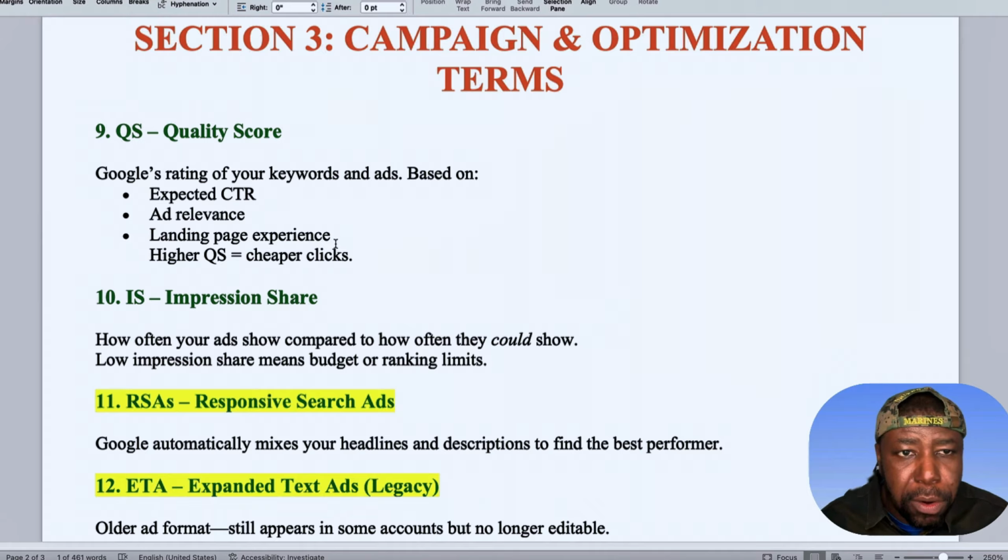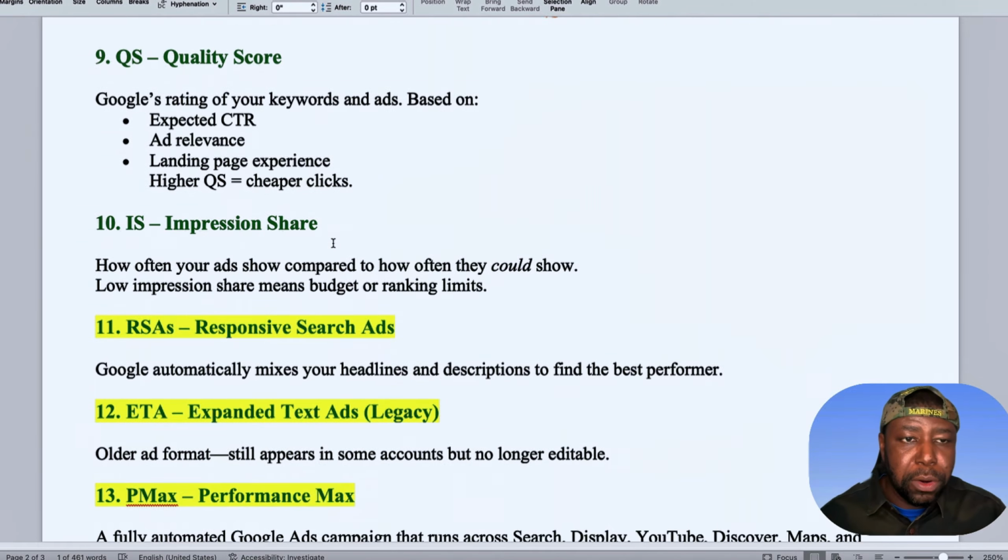Google's rating of your keywords and ads is based on expected CTR, remember I said click-through rate, ad relevance, and landing page experience, which is very important when people get to your landing page: whether the CTA buttons are in the right place, whether what they see on the ads is consistent with what they see on your landing page, whether it's loading fast. All of that experience is what Google is talking about here. They use all that to measure your quality score, and a higher quality score will get your ads more conversions. All right, so that's quality score right there.